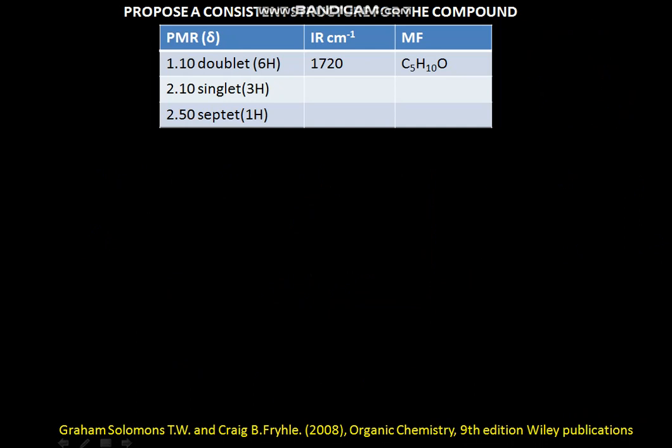There are 3 signals obtained, meaning there are 3 different kinds of protons present in the molecular structure. Now 6 protons show a doublet, and because the shift value is at 1.0, highly upfield, why not it could be methyl?